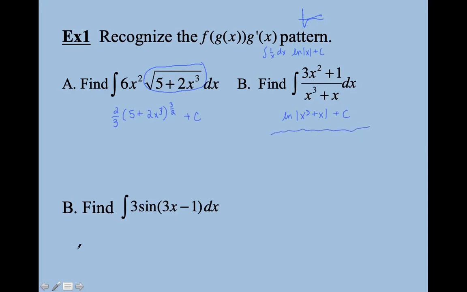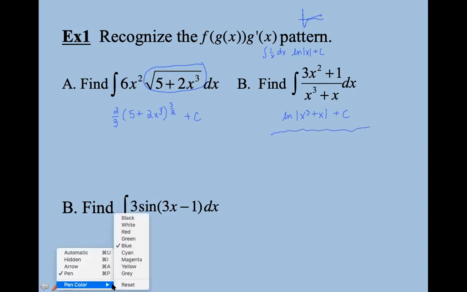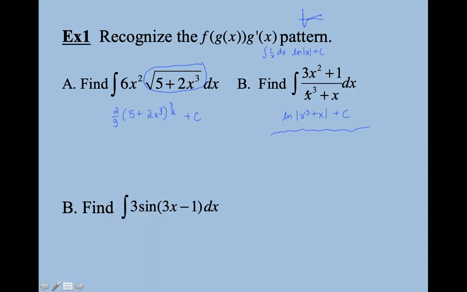All right, again, I'm just going to do a little aside here to make sure we're right. I'm even going to switch my pen color just to see that this does work. Remember with ln, if I want to take the derivative of this, I would first do 1 over x cubed plus x. Then I'd have to do the chain.